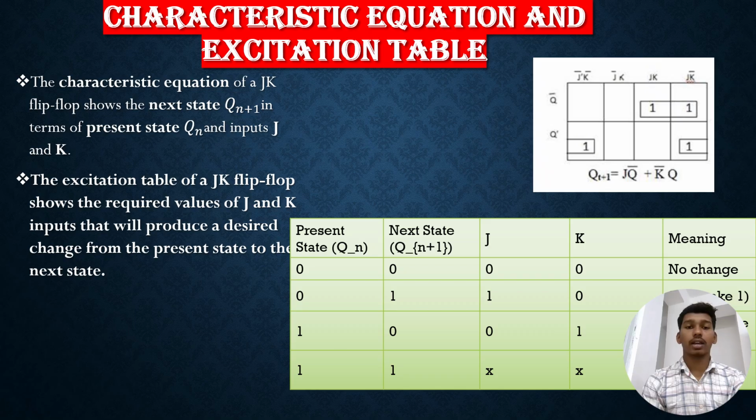We get the characteristic equation of the JK flip flop, that is J Q bar plus K bar Q. The characteristic equation of the JK flip flop shows the next state Qn+1 in terms of present state Qn and inputs J and K. Similarly, the excitation table of the JK flip flop shows the required values of J and K that produce the desired change from present state to next state, similar to the previous one.